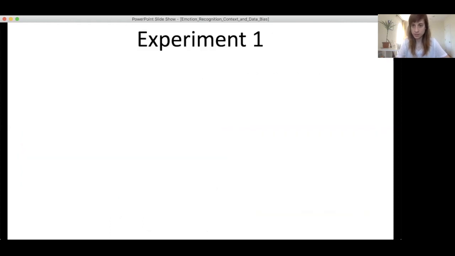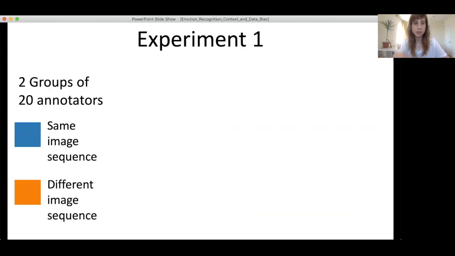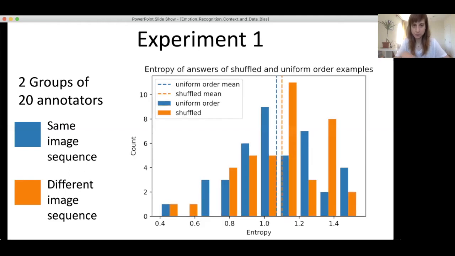Okay, so as I said, we performed a set of experiments. Experiment 1: we had 2 groups of 20 annotators. One group of annotators saw the images in the same sequence, same order, and the other group saw the same images in a different sequence. And we studied the entropy of the answers.